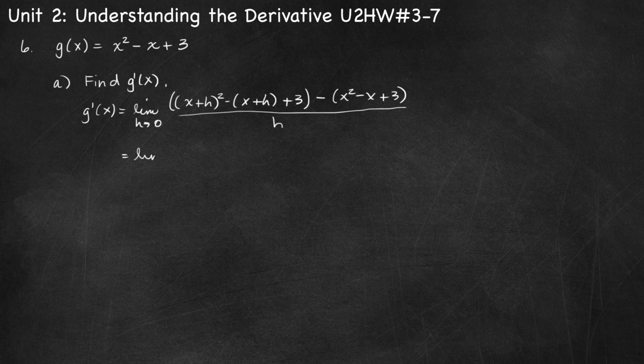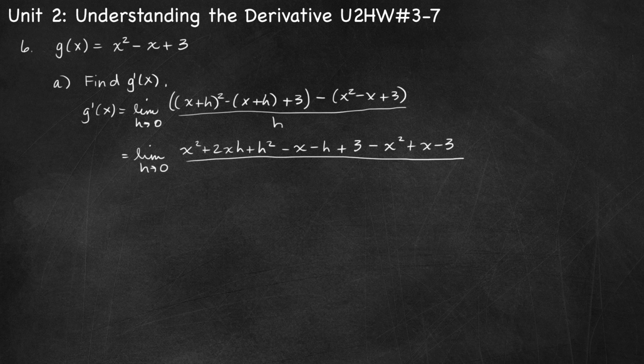Okay, so we need to simplify the numerator. X plus h, that quantity squared, is x squared plus 2xh plus h squared. Now I distribute the negative, so minus x minus h plus 3, and distribute the negative again, negative x squared plus x minus 3, over h. And we have an x squared minus x squared. We have a 3 minus 3.